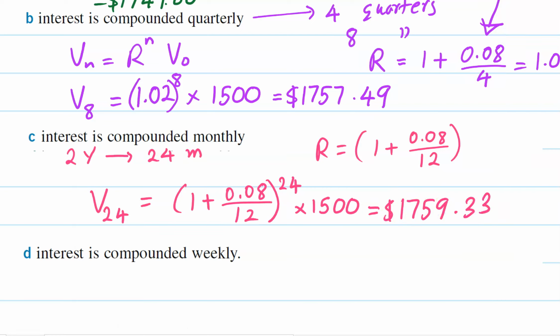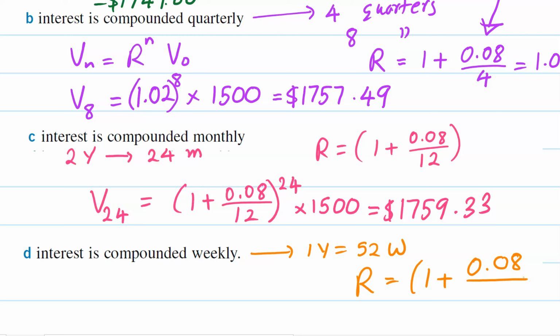Now interest is compounded weekly for this one. Who remembers how many weeks in a year? Well, 1 year, 52 weeks. You know that one. Okay, interest R is 1 plus 8% per annum. Per week, you divide by 52.